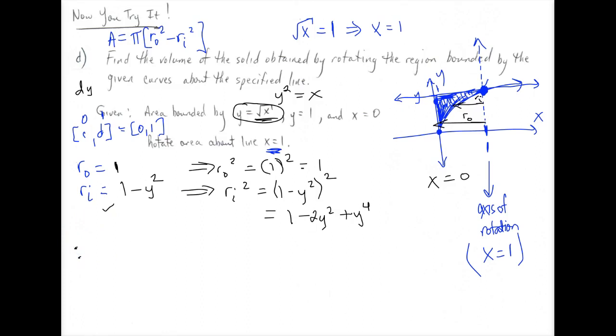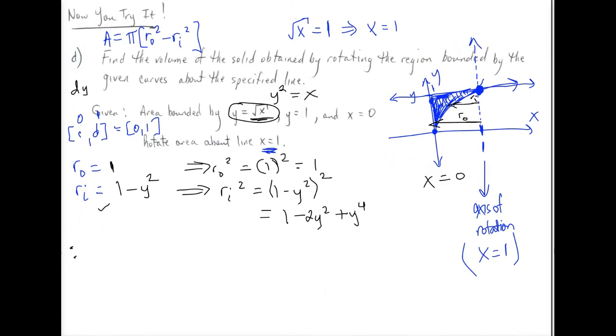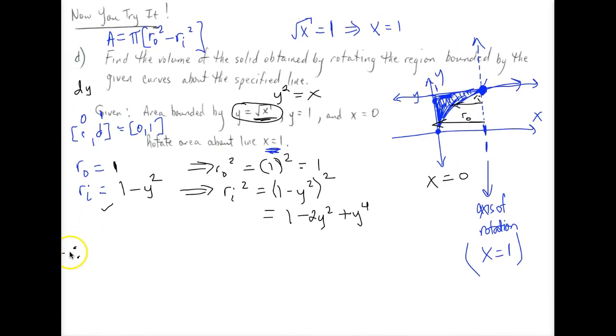And then from that, our area in terms of y will now just be pi times outer radius squared minus inner radius squared. And that will just be 1 minus all of this.